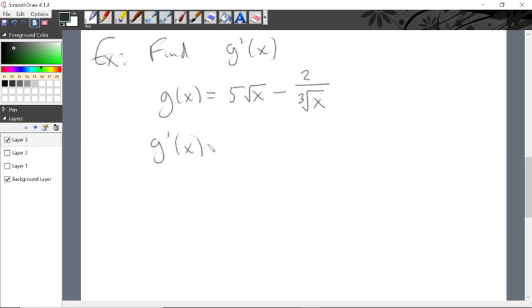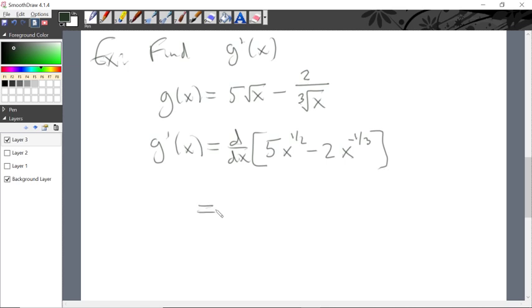We have g prime of x is equal to the derivative with respect to x of, let's turn these into power functions here, 5x to the 1/2 minus 2x to what power? That is, what would be the exponent for this power term? Negative 2x to what power? That would be the power negative 1/3.